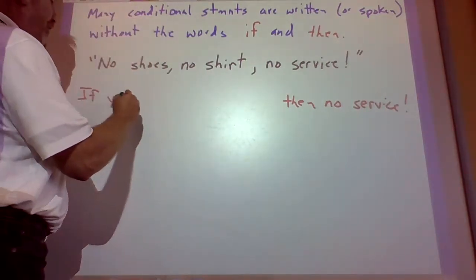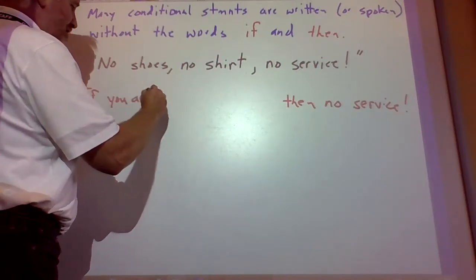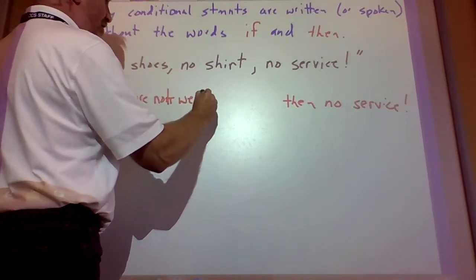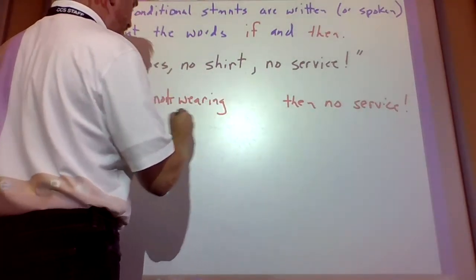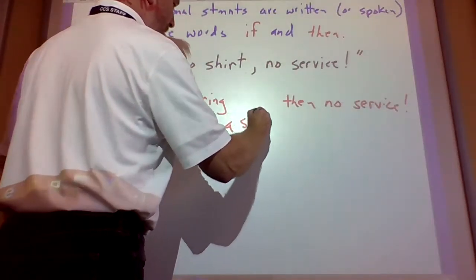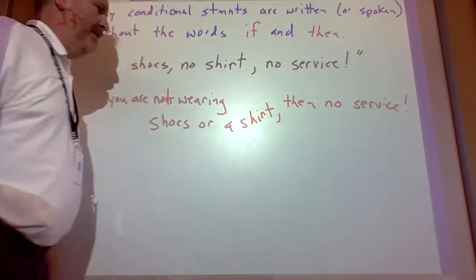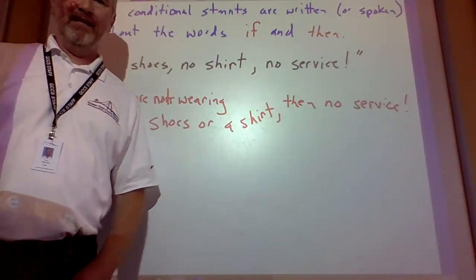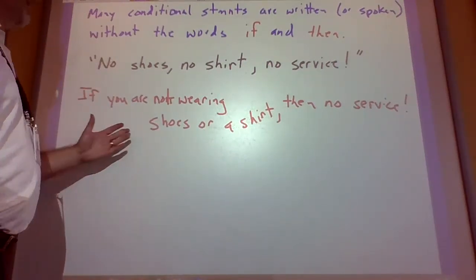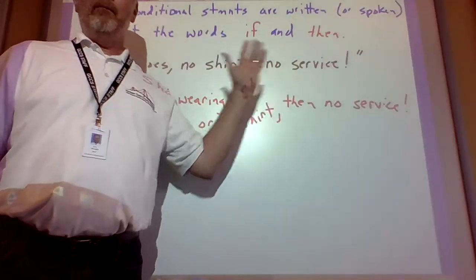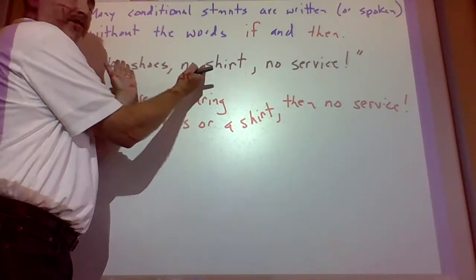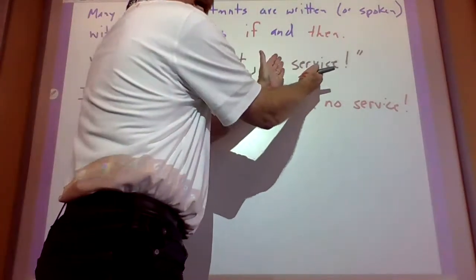So if you are not wearing shoes or a shirt, comma, then you're going to get no service at that establishment, as my dad used to always say, establishment, like that. Okay, so does that make sense? So there's no if and there's no then, but you can see pretty much where they go. Here's the requirements. If you have no shoes and no shirt on, then you're not going to get any service.